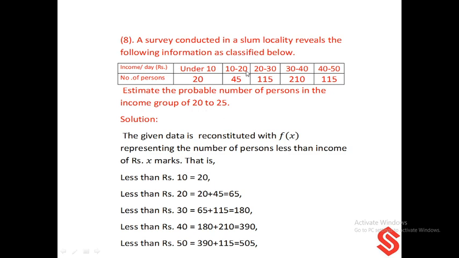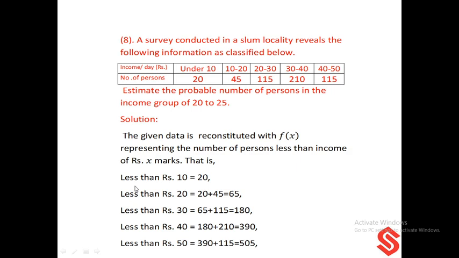So once again here the values of x are in terms of the range. We reconstitute the values with f of x representing the number of persons with income less than rupees x.